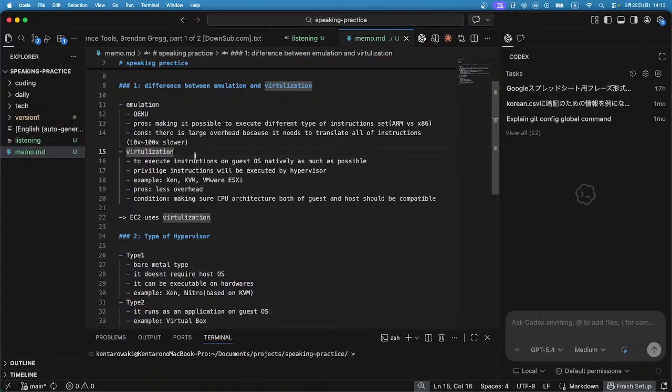Privileged instructions will be executed by the hypervisor. Example software of virtualization are Xen, KVM, VMware ESXi. I don't know what this is.